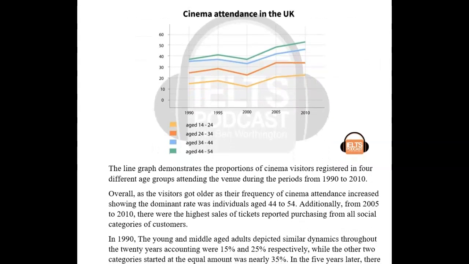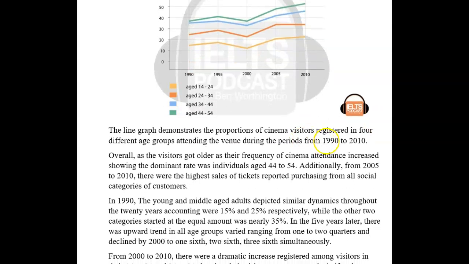So the line graph demonstrates proportions of cinema visitors registered in 4 age groups attending the venue. Perfect. Lovely. You could say here, over a 20-year period. Just to make a difference there.